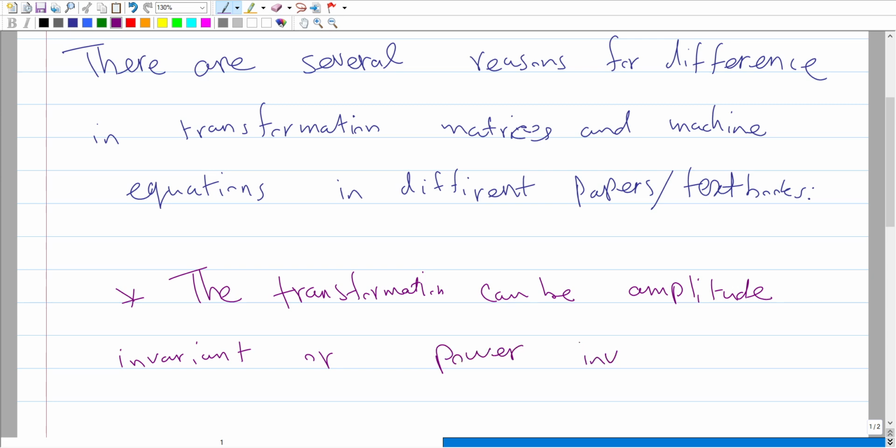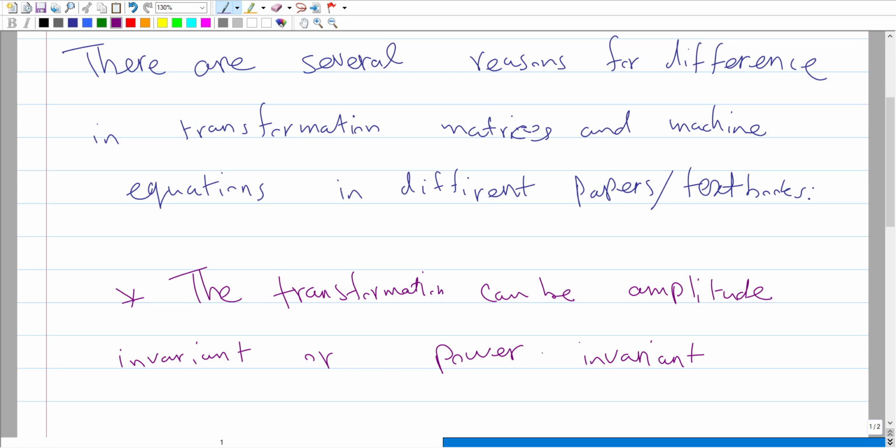Of course, we can have transformations which are neither amplitude invariant nor power invariant, but this is not typical to use such a transformation. And for a three-phase to arbitrary reference frame transformation, or you can say 3-to-2 transformation, you cannot have a transformation which is both amplitude invariant and power invariant.